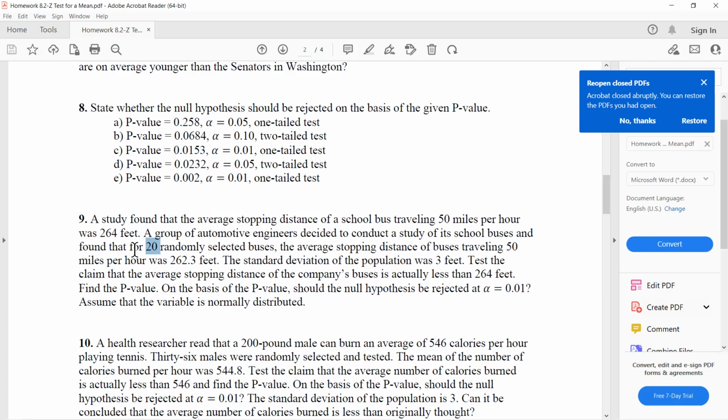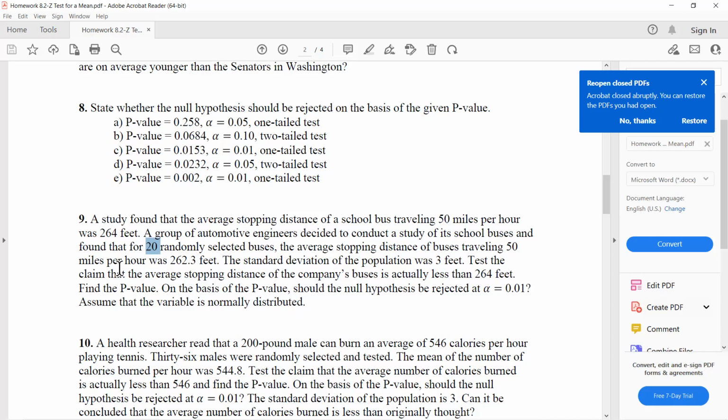The average stopping distance of buses traveling 50 miles an hour was 262.3 feet. The standard deviation of the population was 3 feet. Test the claim that the average stopping distance of the company's buses is actually less than 264 feet. Find the p-value. On the basis of the p-value, should the null hypothesis be rejected at alpha equals 0.01?